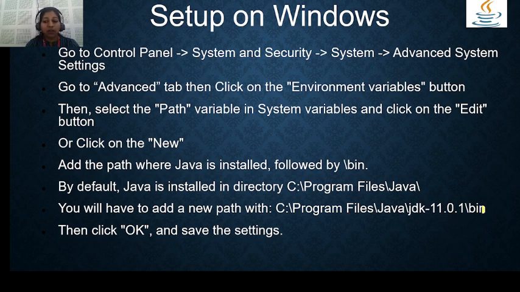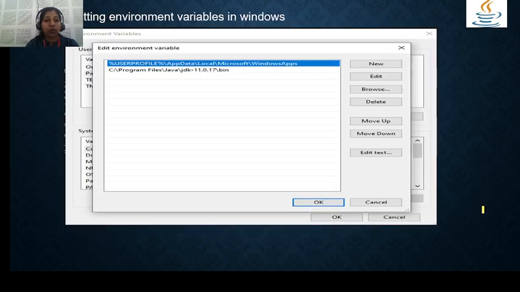Paste that in the path variable which we have edited, then OK, and save the setting. This will do the setup of Java on our Windows machine. This is the screenshot of setting the environment variables in Windows.